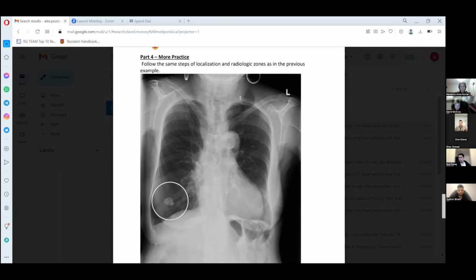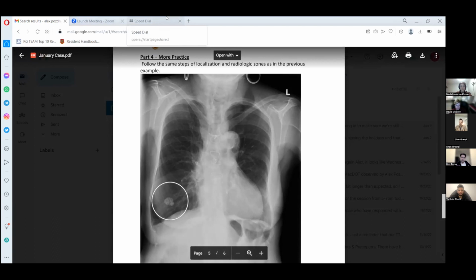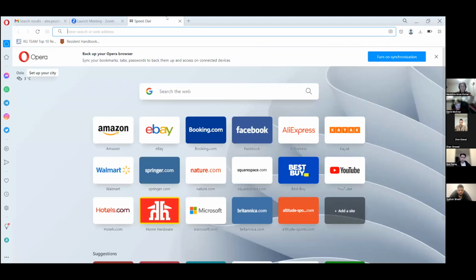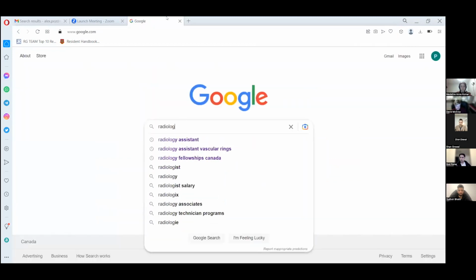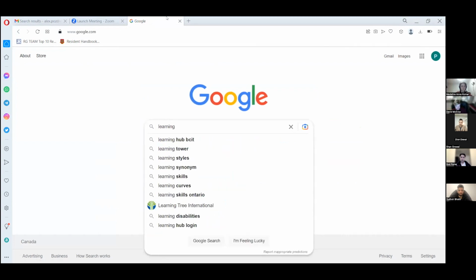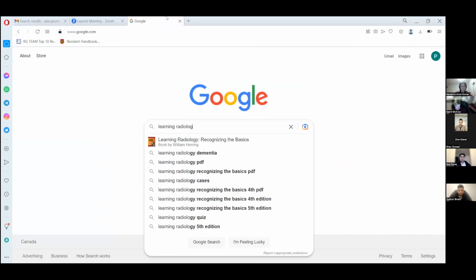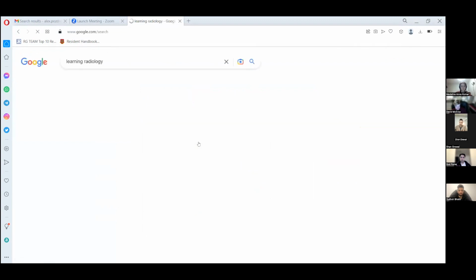All right, and I can show you some good resources for medical students if you want to do more practice with chest radiographs. There's this nice website which is geared more towards medical student level. This book is really good.